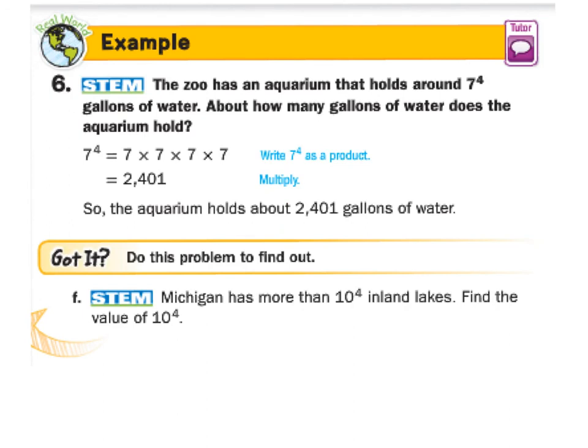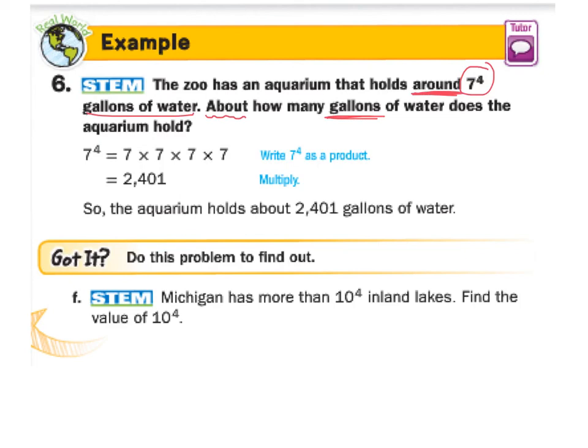All right, let's take a look at a story problem. The zoo has an aquarium that holds around 7 to the 4th power gallons of water. About how many gallons of water does the aquarium hold? We're not really estimating, even though we see that word about. It's because they said it's around. They don't know an exact number.